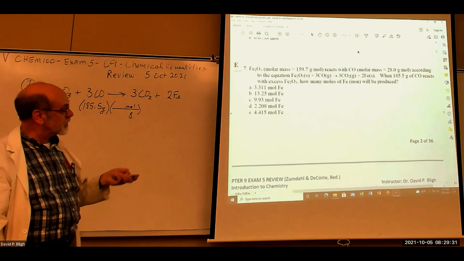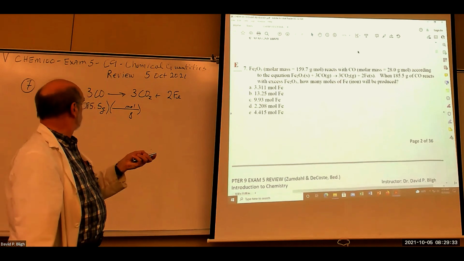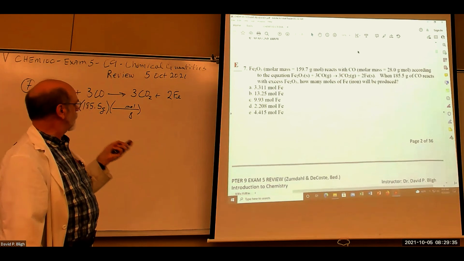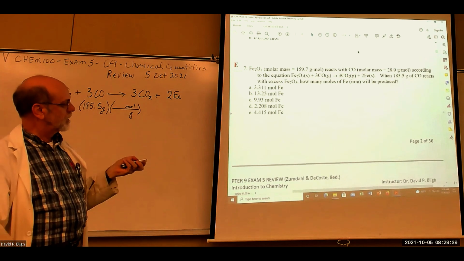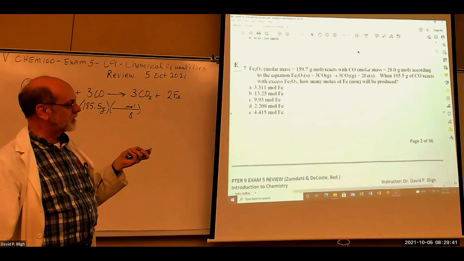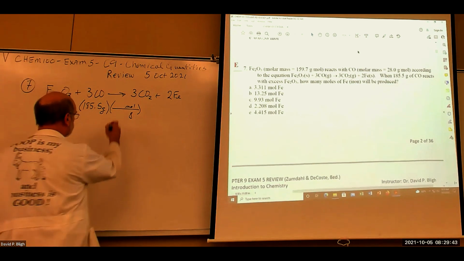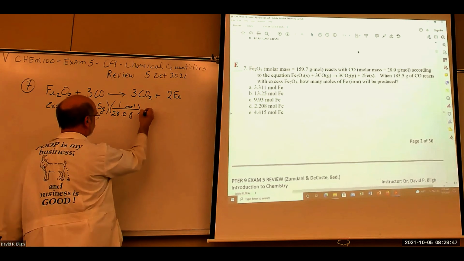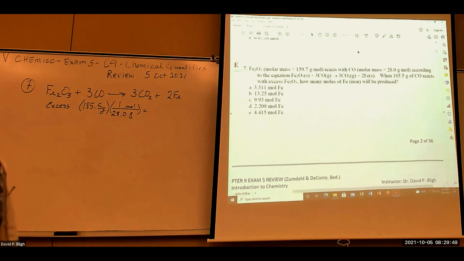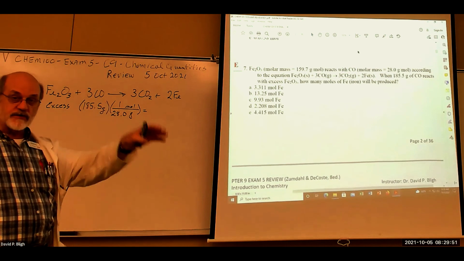So we're going to convert that to moles of carbon monoxide, and we're given the conversion factor right here: 28 grams per mole. So we could do this all in one step.